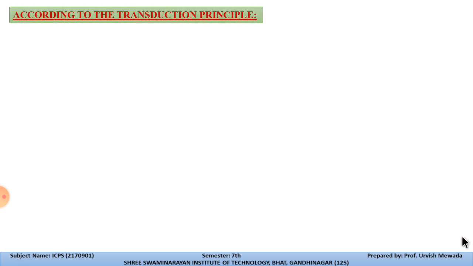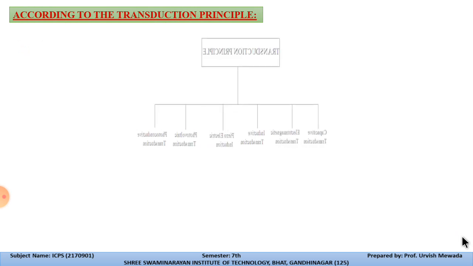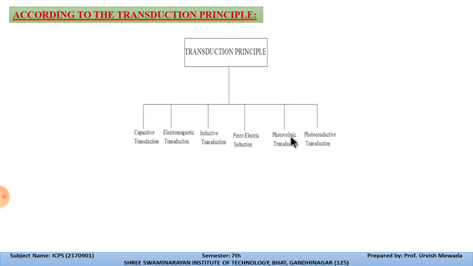Now the next classification is based on the transduction principle, means operating principle. Basically we have different elements in electrical engineering, and we use the working principle and operating characteristic of those elements for the measurement of physical quantity.